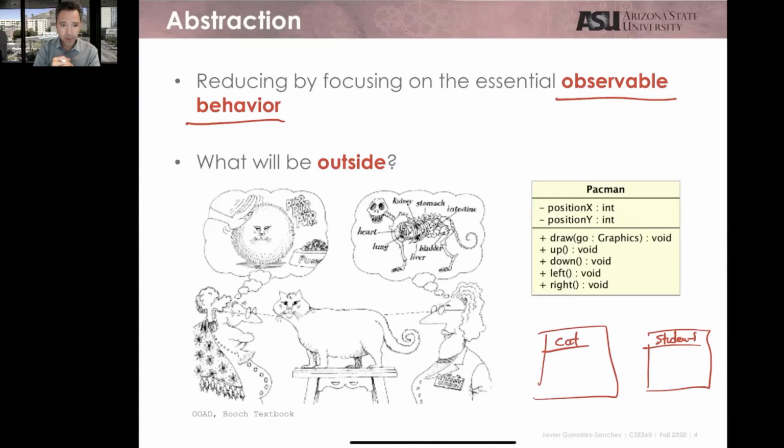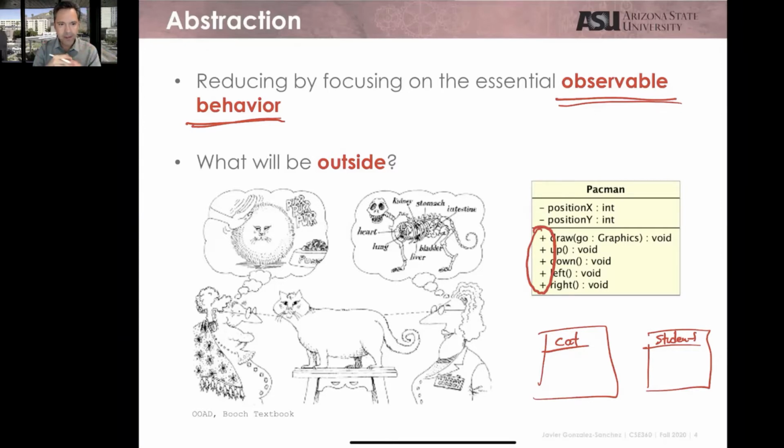Now, the important thing from the abstraction point of view is what is going to be available outside. If you think about a class, what I am talking about is the public methods.